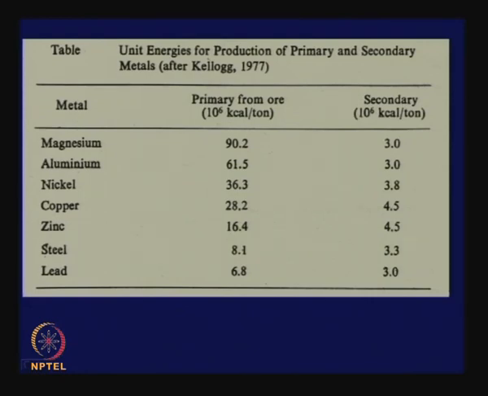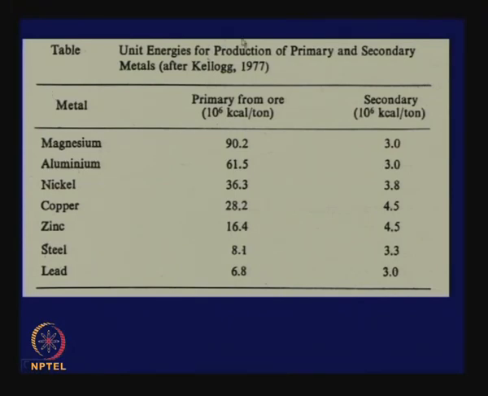However, if we look at the secondary metals, suppose you have produced aluminum which has gone into the consumer market, and after some time it is discarded. That aluminum is in a form from which to get pure aluminum again you will not need as much energy, obviously, because you are not going to extract it from the ore, you are not going to decompose Al2O3.